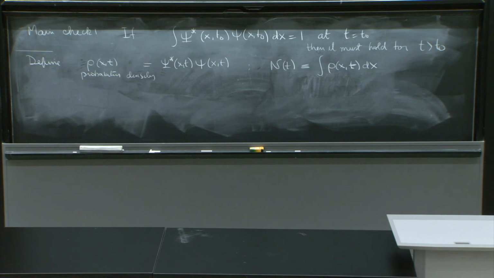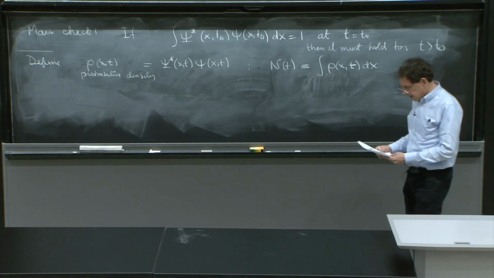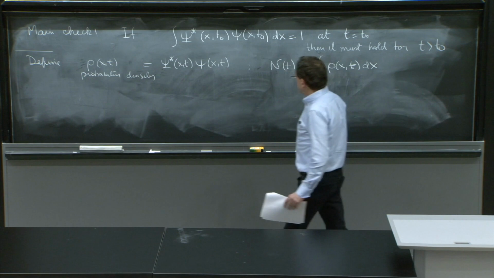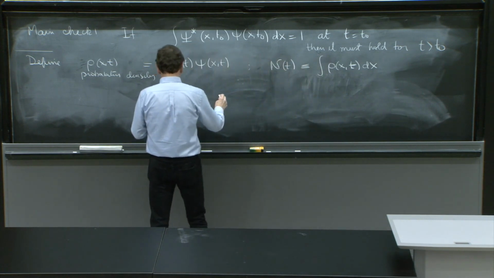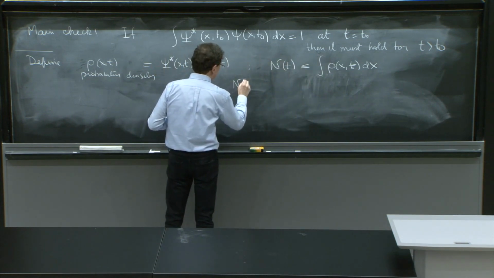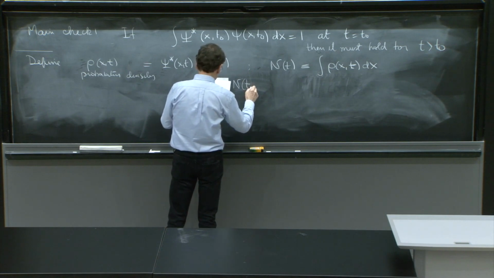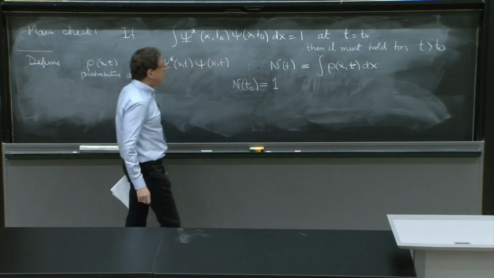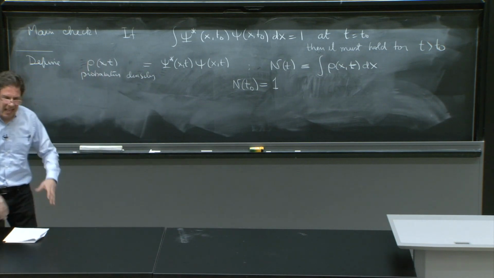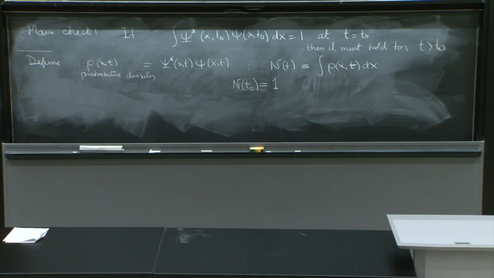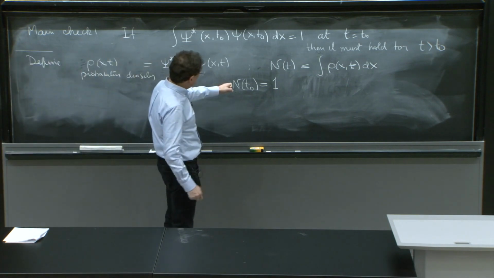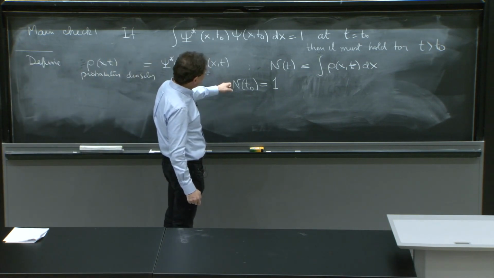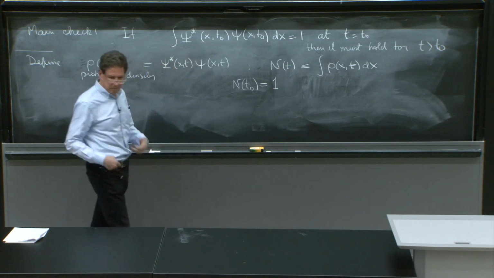And that's going to give you N of t. Now, what do we know? We know that N of t, or let's assume that N of t naught is equal to 1. N is that normalization. It's that total integral of the probability, what had to be equal to 1. Well, let's assume N at t naught is equal to 1. That's good.